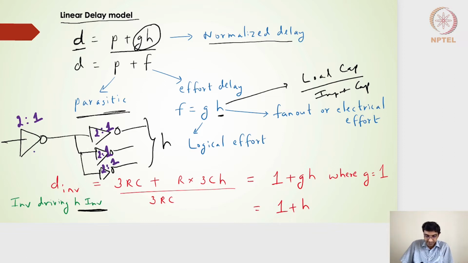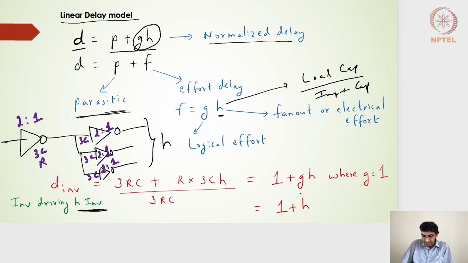The output node capacitance is 3C and the switching resistance is R, so I get 3RC, plus the input capacitance of the next stage, 3C into H, multiplied by R. Because it's a normalized delay, I divide by 3RC.